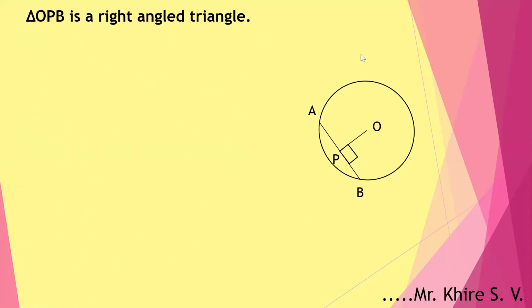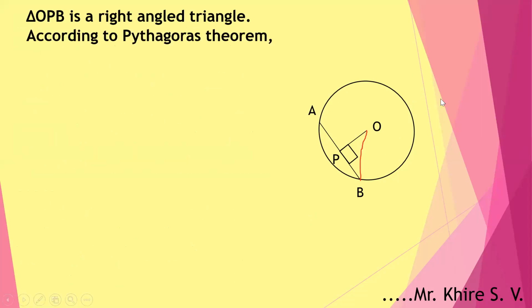Now you can see in the figure, OPB is a right angle triangle. Now according to Pythagoras theorem, angle OPB is right angle.